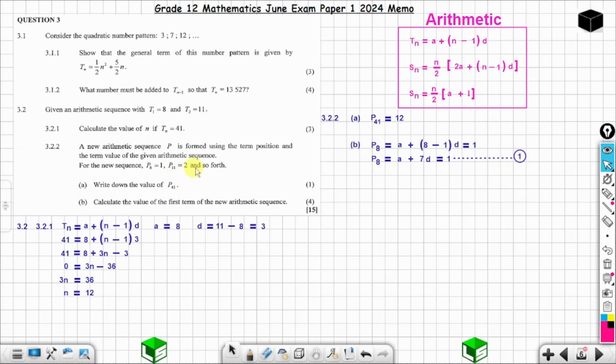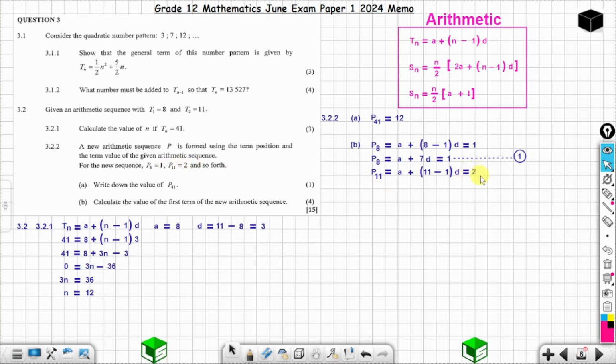Now, let's use P11. P11 is equal to A plus, in bracket, n is equal to 11, 11 minus 1, you close your bracket, times D. This is equal to 2.